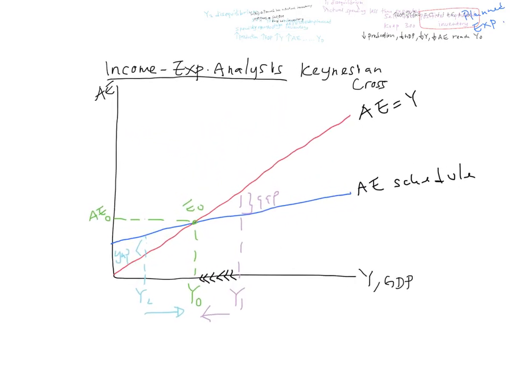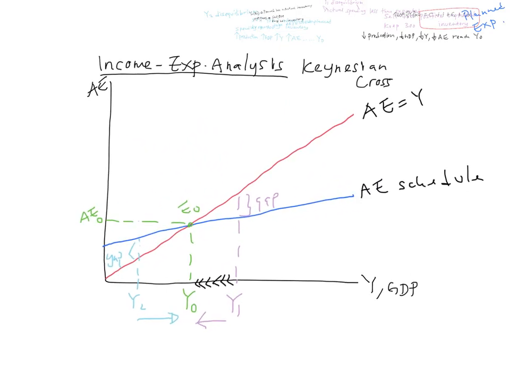We don't need them now. Okay. So that situation will continue till you go from Y2 to Y0. Okay, so that's how we use inventory to explain a move from a situation of disequilibrium to equilibrium.